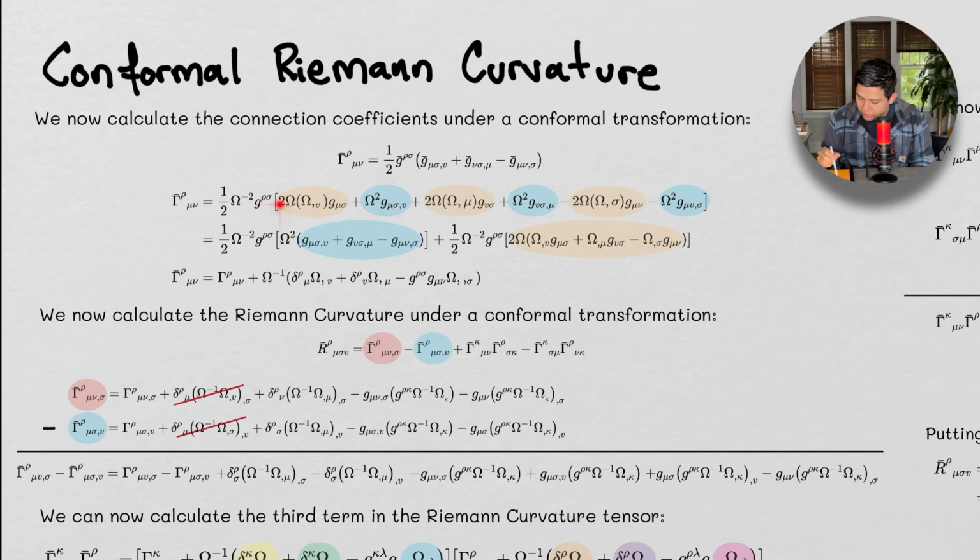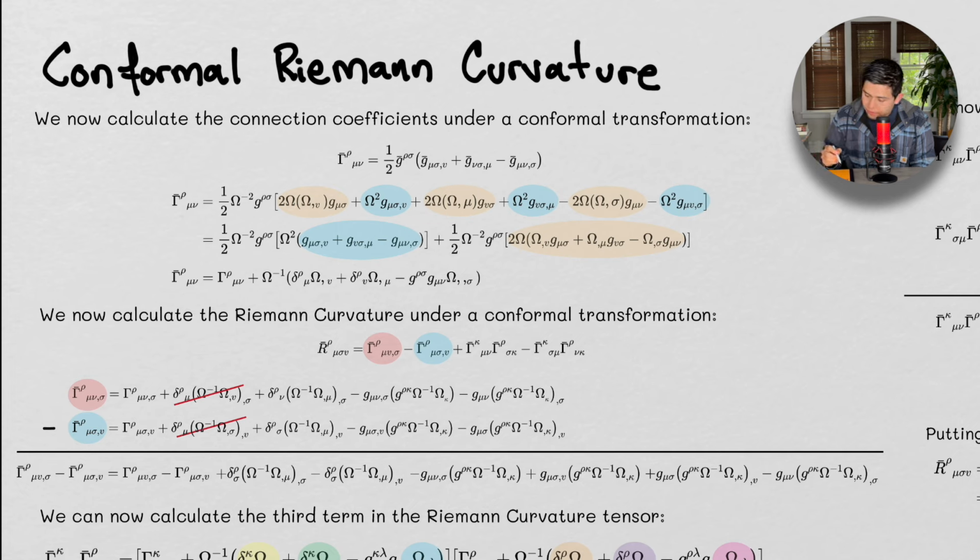So this 2 is from the exponent in this conformal transformation function. In short, this is just dropping the exponential. This is standard calculus stuff.